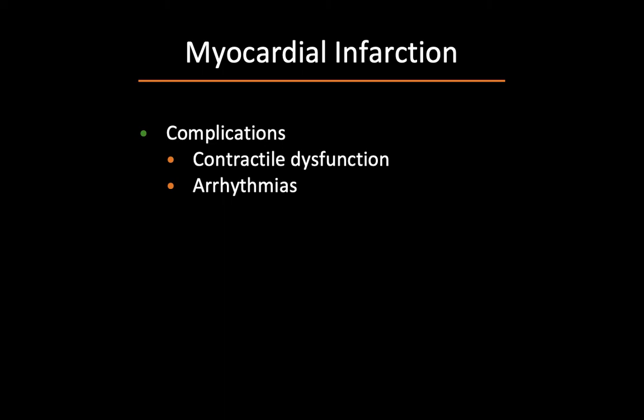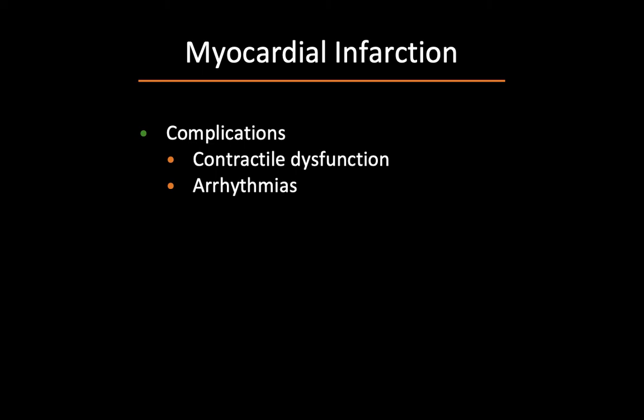Think about dominoes. If I set up all these dominoes and they're supposed to fall in this massive pattern, and I take a handful of dominoes out of the middle of the structure I've built, once I start the pattern, it's not going to be able to continue because I have this gap in dominoes, and it's the same thing with our muscle cells. And so that can also decrease contractile function.